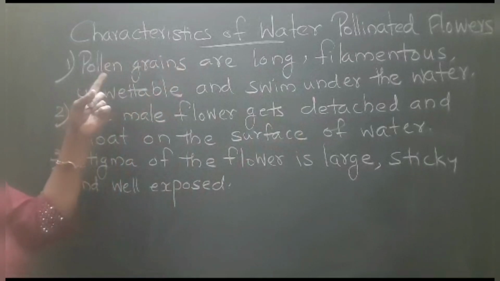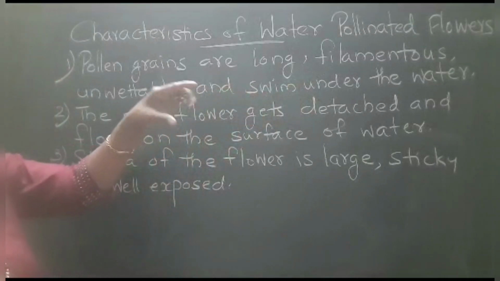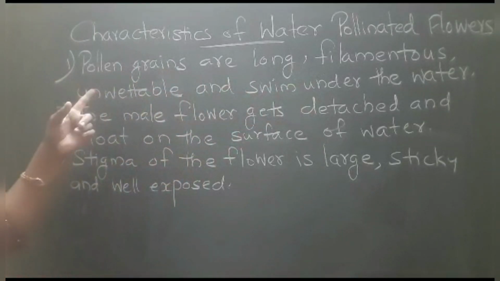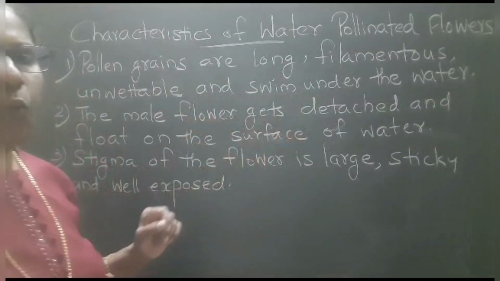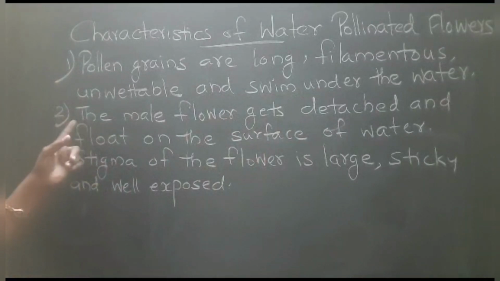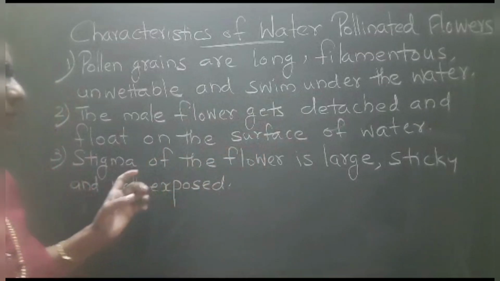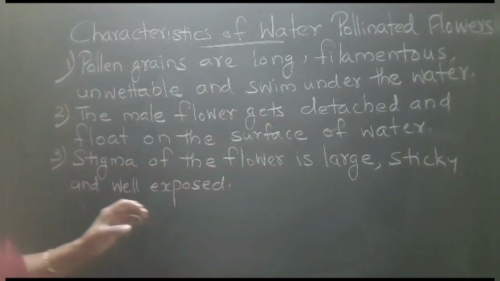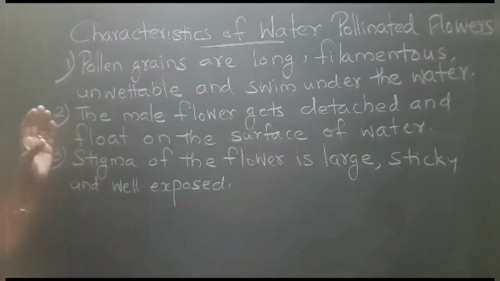Filamentous means they are thin and flexible thread-like objects. Second, the male flower gets detached and floats on the surface of the water. Third, the stigma of the flower is large, sticky and well exposed.